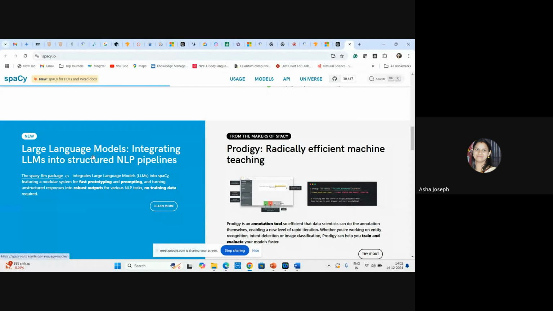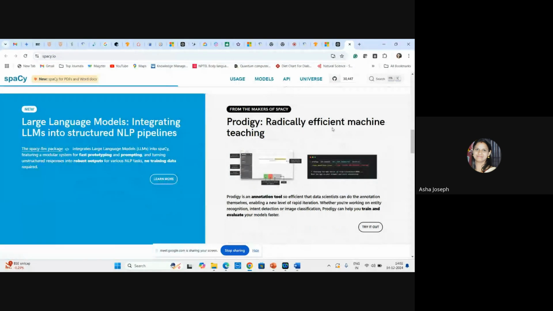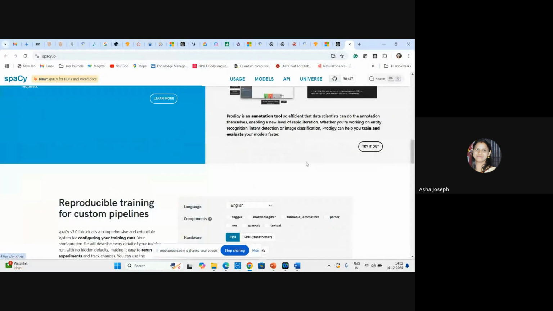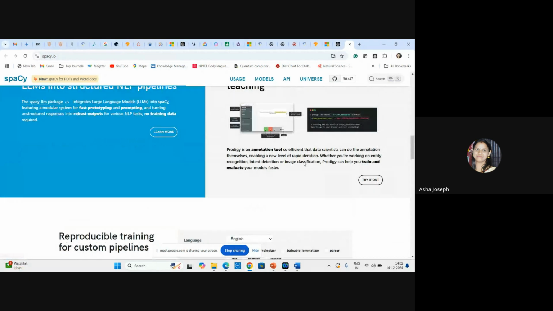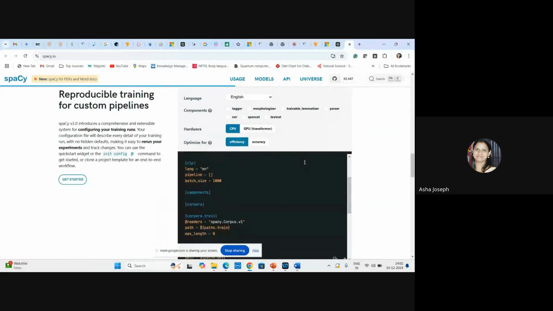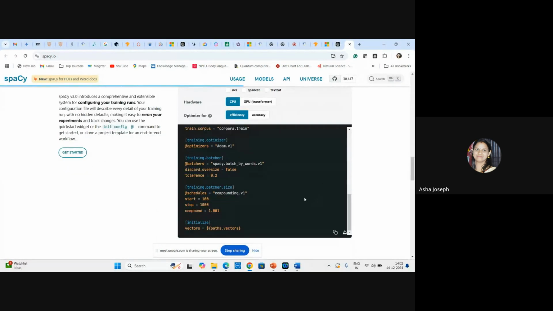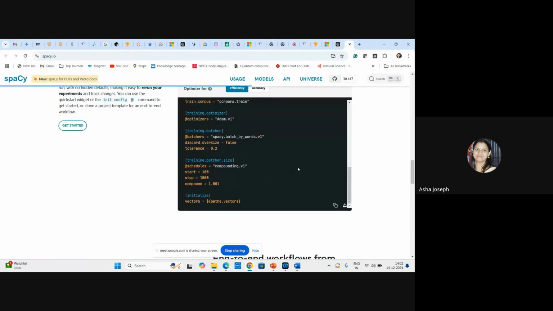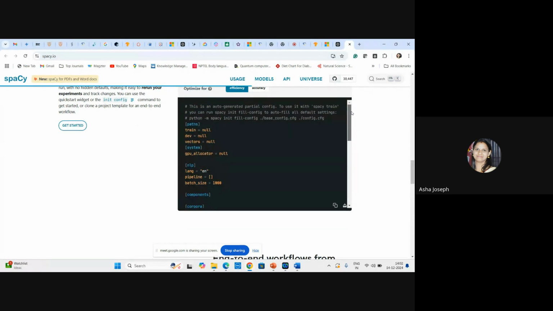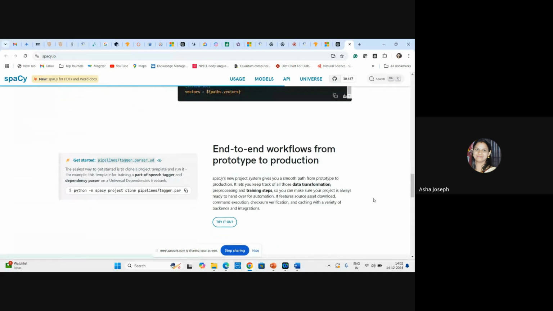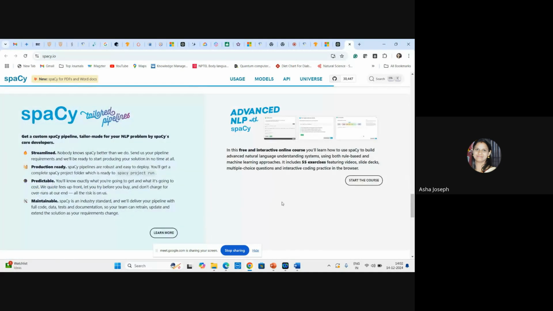And even for large language models, LLMs, we can use this particular spaCy. And another tool which I have already mentioned was Prodigy. So this is efficient machine teaching, Prodigy. You can even try it out. So the training models, here you can see the code is being given to you. Okay, so this is an advanced NLP version.